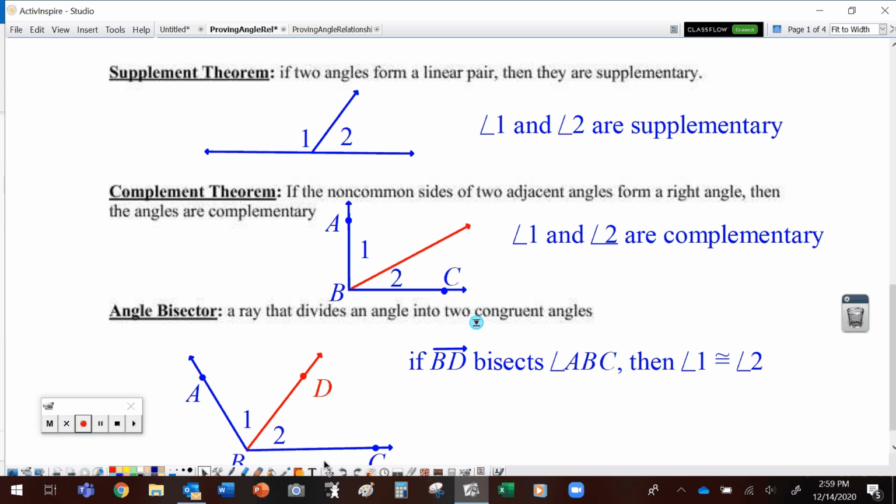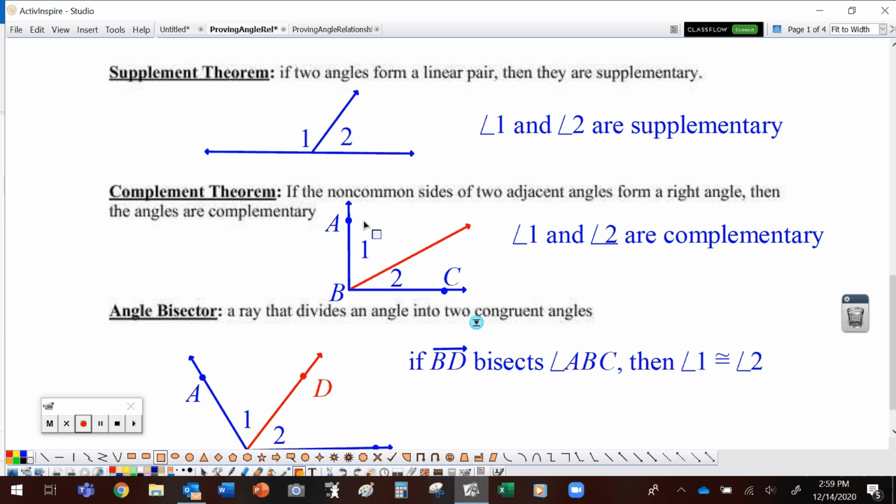Okay, then we have the complement theorem. Okay, and the complement theorem states if the non-common sides of 2 adjacent angles form a right angle, then those angles are complementary. It's basically the same thing as the supplement theorem, except with complementary angles. Okay, angle ABC.